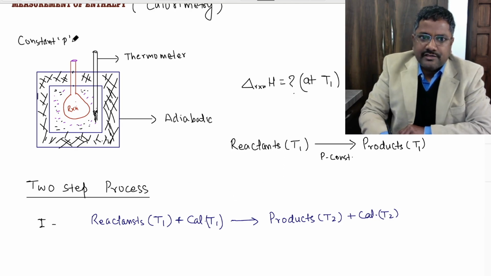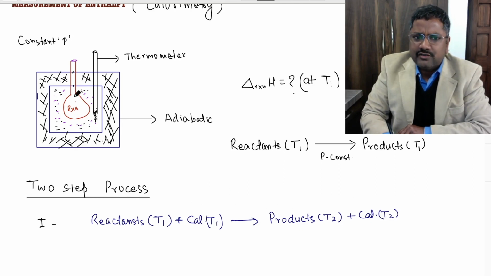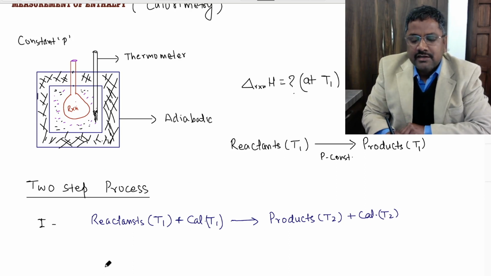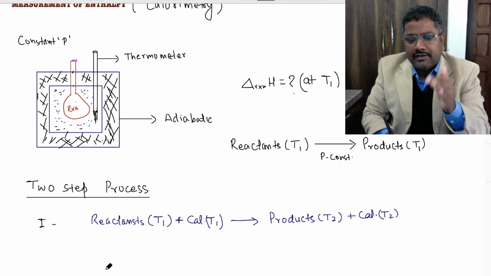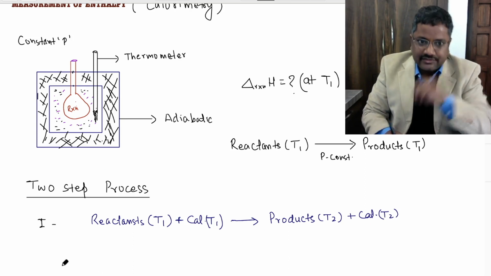Pressure is constant because this is open. So non-gaseous reactions you can very easily perform here, right? For gaseous reactions it is difficult. So for a gaseous reaction we will determine delta E, and after that we can indirectly calculate delta H, right?